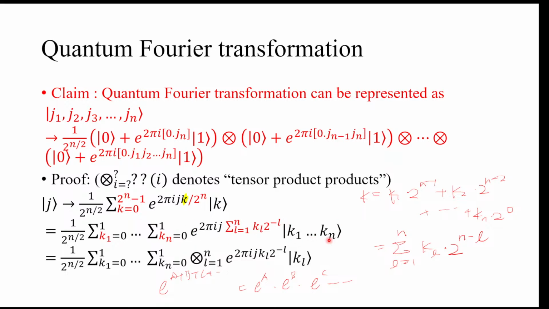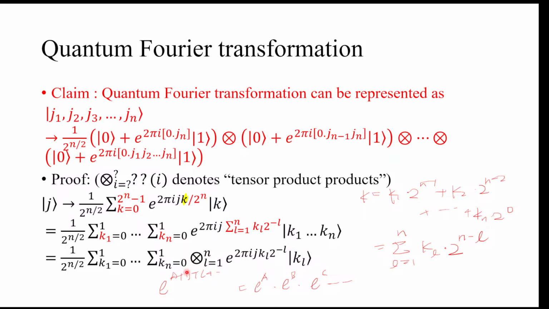we also have the product of states here, because this is a computational basis state. Each qubit is 0 or 1, so you can match each exponent with the corresponding qubit here, because each of these terms will only depend on one of the k_l.